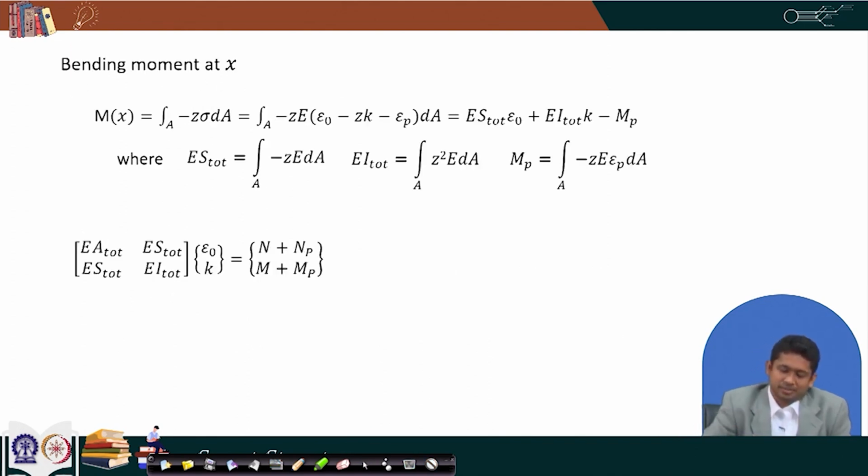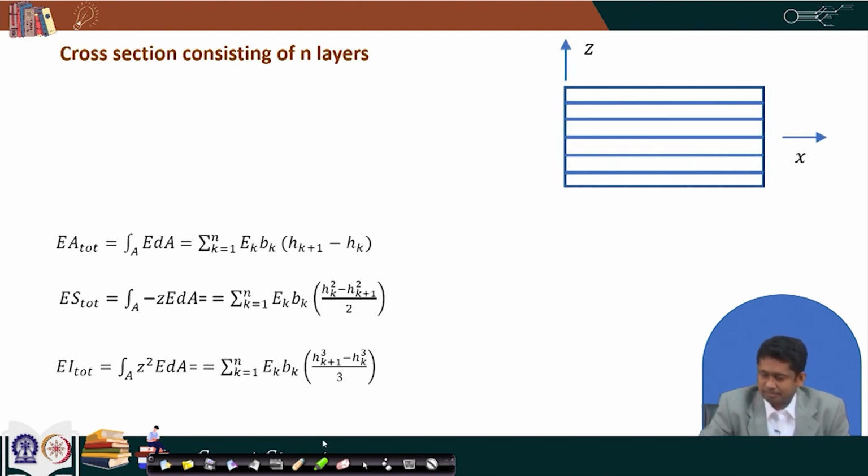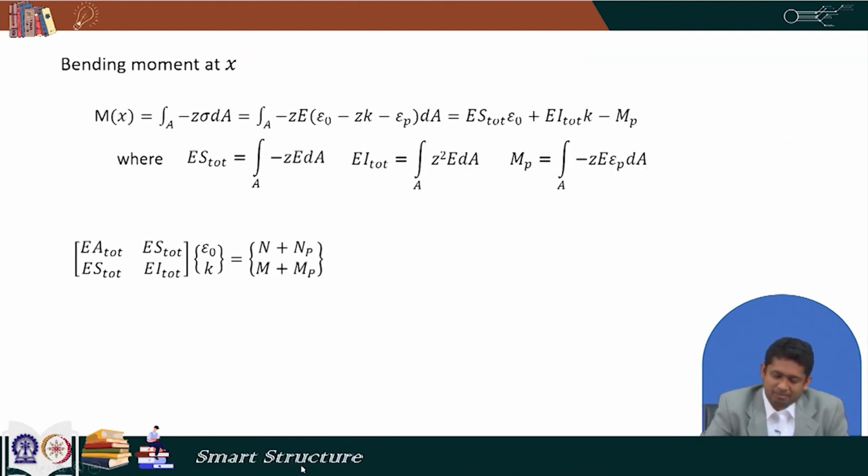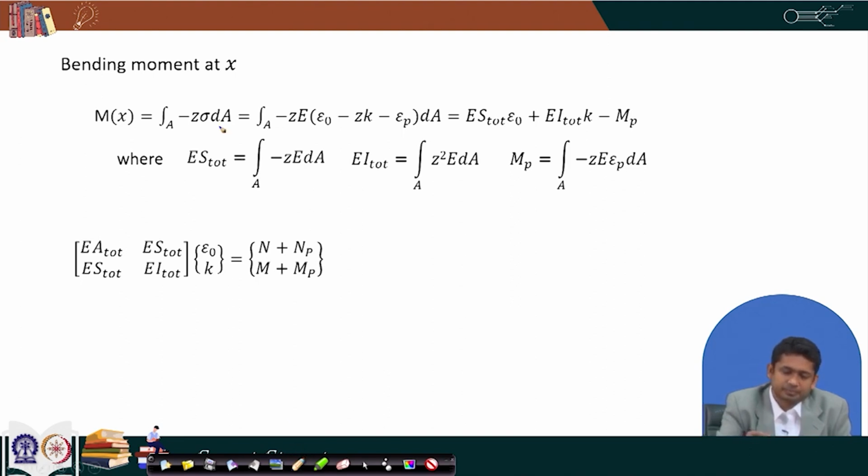And then we find out the bending moment. To find out bending moment, we multiply sigma with minus z and integrate over the area, which can be seen here. We are just expanding sigma in terms of its constituents, and we can write it as E S total multiplied by epsilon 0 plus E I total kappa minus M p.